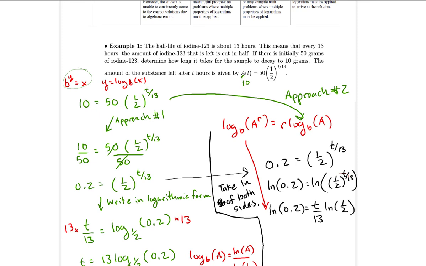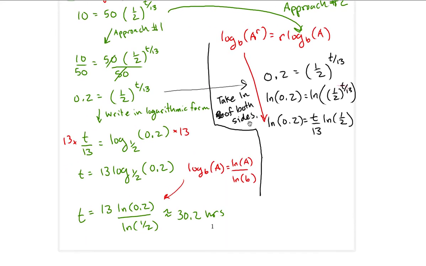All right. And at this point, it's just a matter of getting t all by itself. So if I wanted to get t by itself, I would go ahead and multiply on both sides by 13 on top, natural log of 1/2 on bottom.